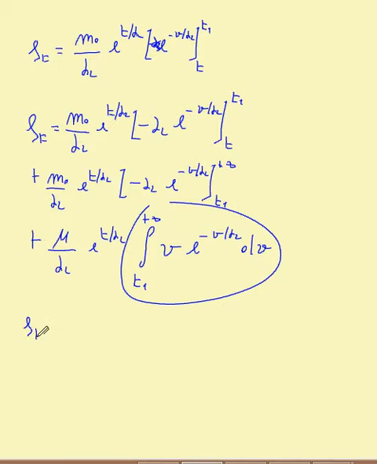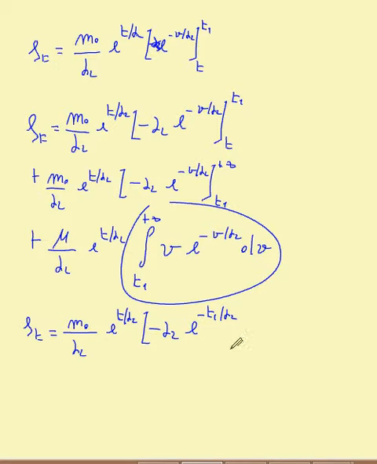Which should be equal to m0 over alpha 2 e to the power of t over alpha 2. The value in t1 is minus alpha 2 e to the power of minus t1 over alpha 2, okay?